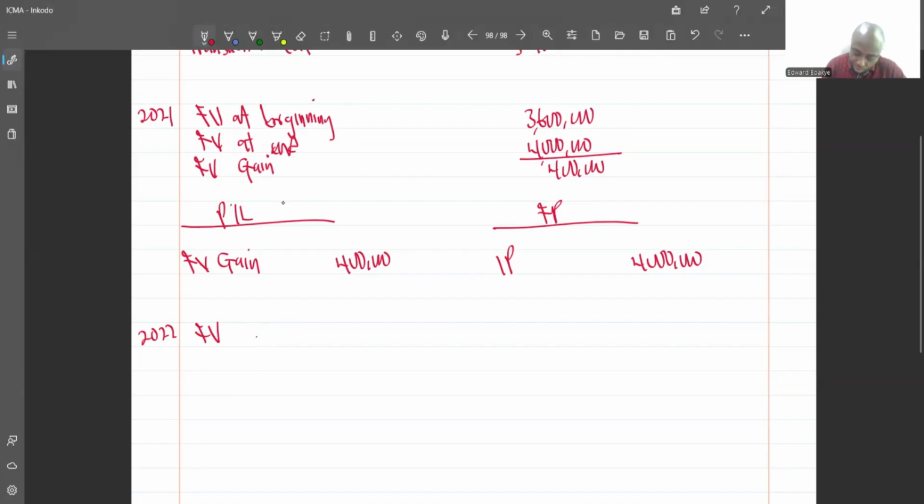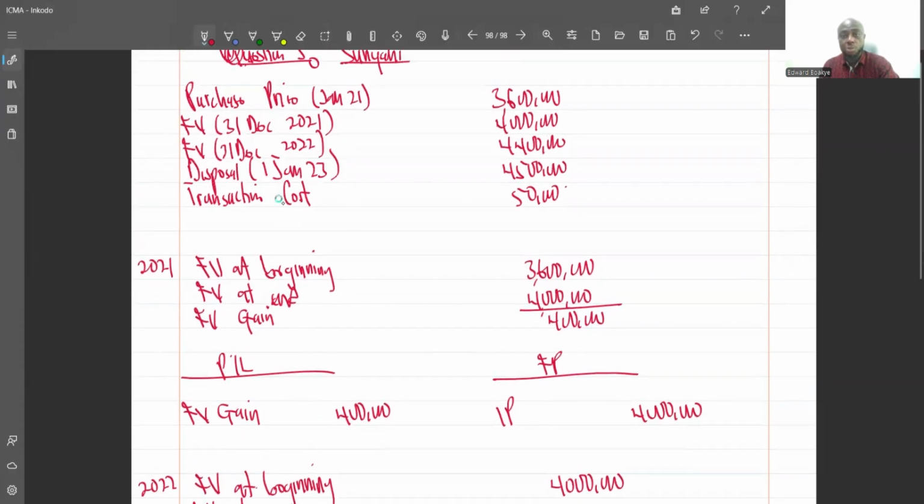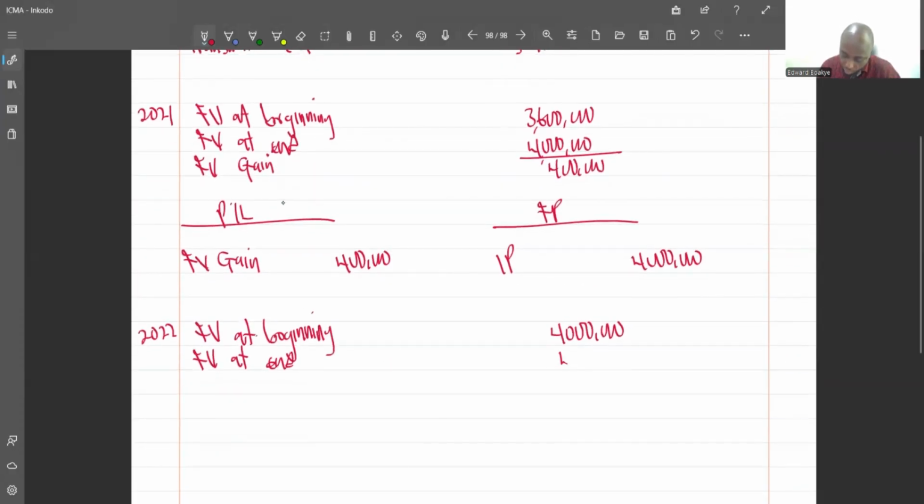The fair value at beginning will be the value at December 2021, and that was 4 million. So fair value at end is going to be what? We saw the fair value at end to be 4.4 million.